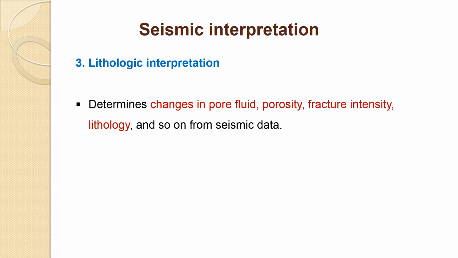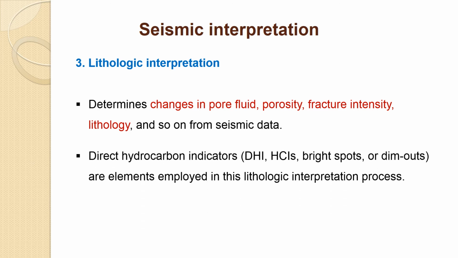That can be inferred from our seismic data. This directly takes us to the hydrocarbon indicators, DHI, direct hydrocarbon indicators, bright spots or dim spots. We will not talk about that in detail now because we don't have enough time, but these are the elements employed in the lithologic interpretation process.